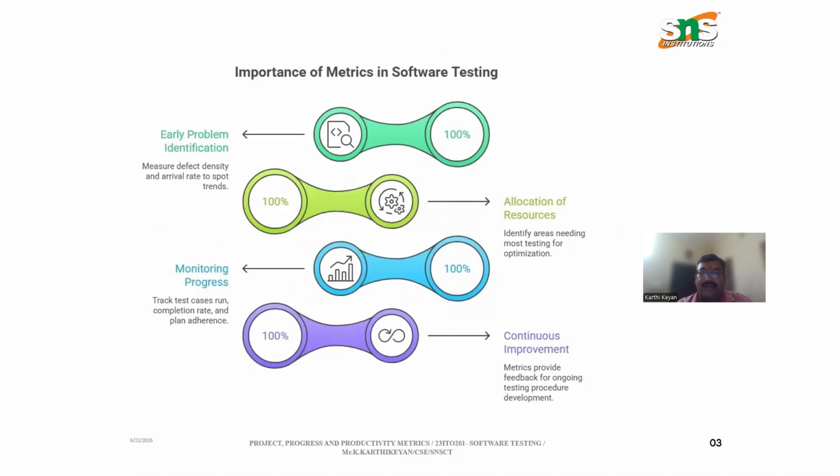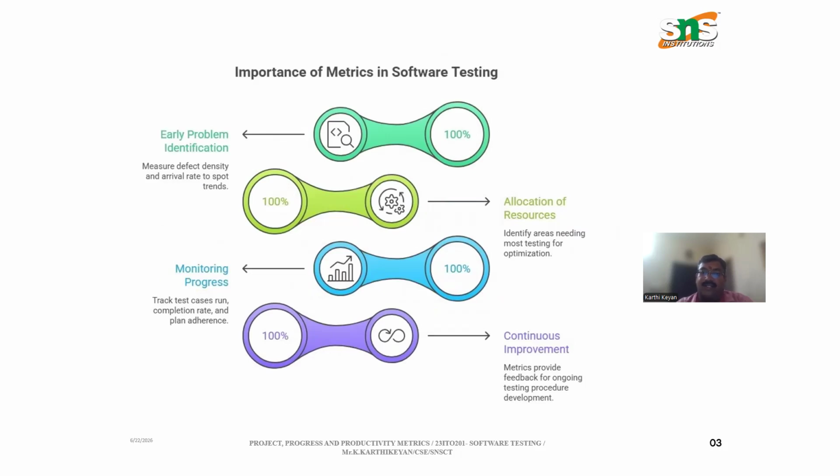So these are important metrics of a software product. First, early problem identification. Second, allocation of resources. Third, monitoring progress. And fourth, continuous improvement. First, measure defect density and arrival rate to spot trends.